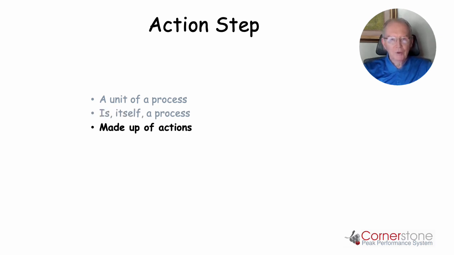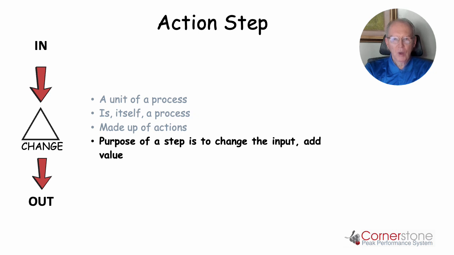And those steps are usually various actions that are taking place. Either somebody is doing something or a machine is doing something, but this is where the changes are occurring. So why do we do all these actions? The purpose of a step is to change the input, and by doing that, they're adding value. Value is what the customer says it is.